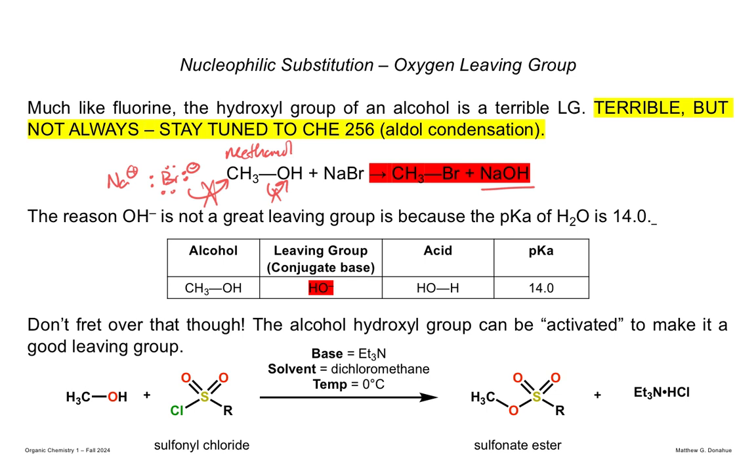And again, the reason for that is the pKa argument. So the leaving group is OH minus, the conjugate acid is water, and you see that pKa is 14. So that's not less than 0.